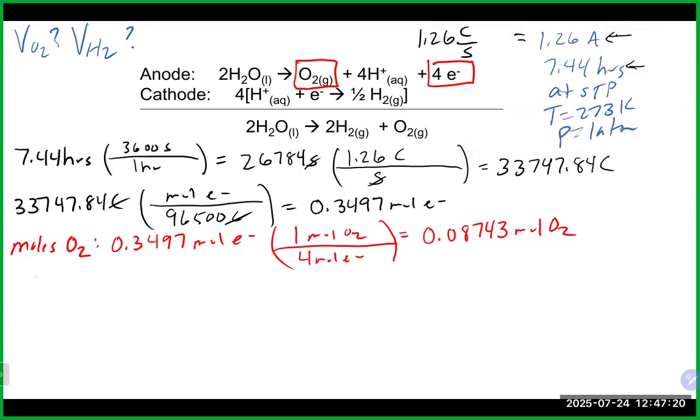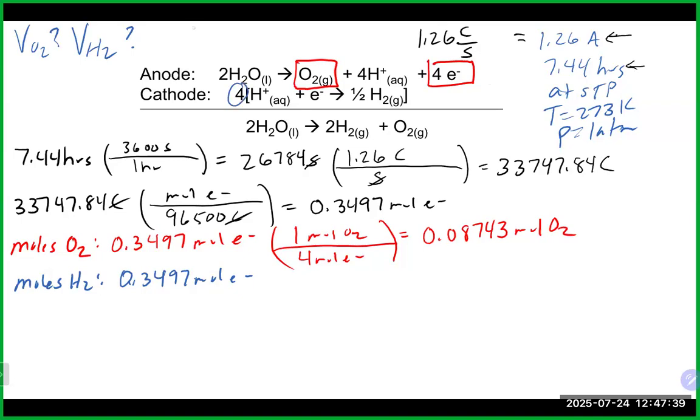I'm going to do the exact same thing here because I do need my moles of hydrogen as well, so might as well just do that while I'm here. Moles of hydrogen, again, going to take the moles of electrons that we calculated. And going to the next half reaction, a couple of options you could do since there is a 4 on the outside.